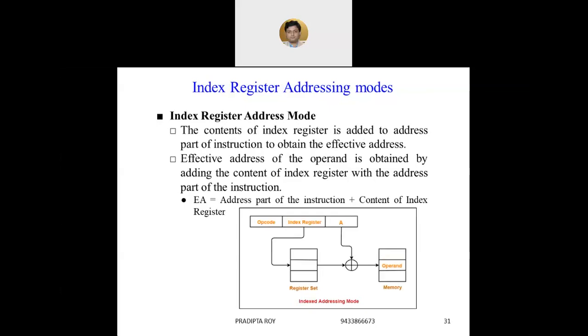In case of base register address mode, the content of the base register is added to the address part of the instruction to find out the address. And in the index register address mode, the content of the index register is added to the address part of the instruction to obtain the effective address.